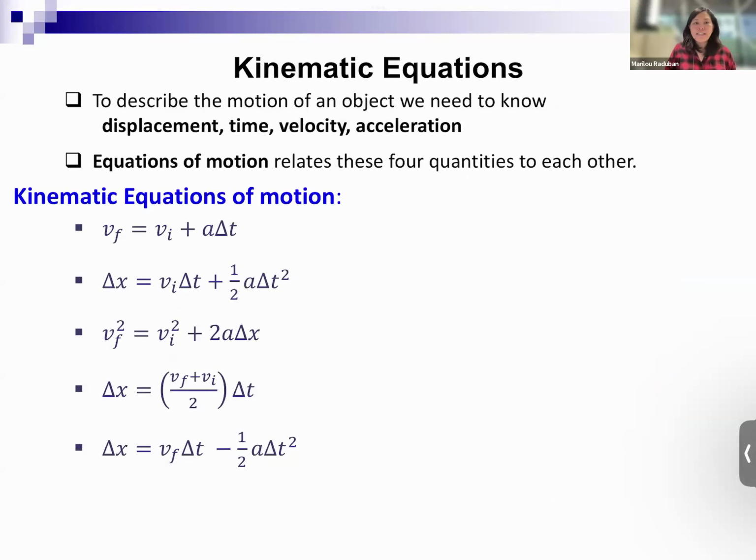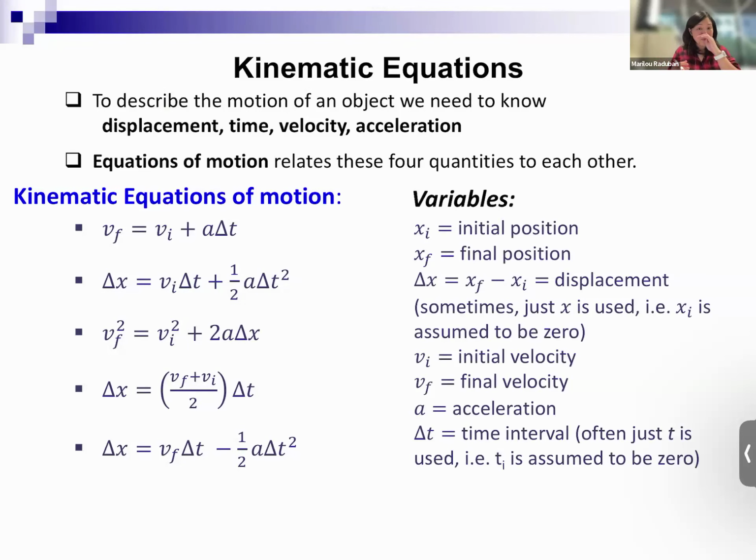But essentially, these kinematic equations describe the kinematic variables by relating them with each other. And this slide lists down the five kinematic equations of motion that relate the displacement, time, velocity, and acceleration with each other.